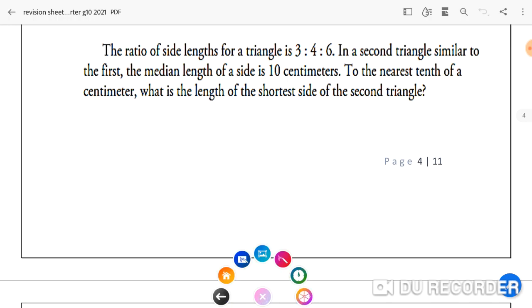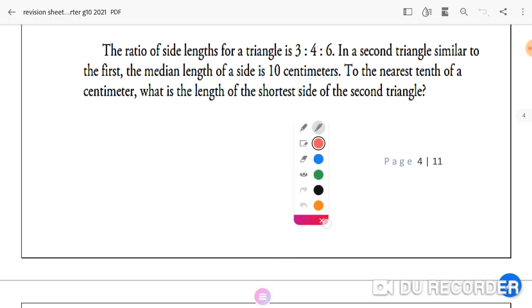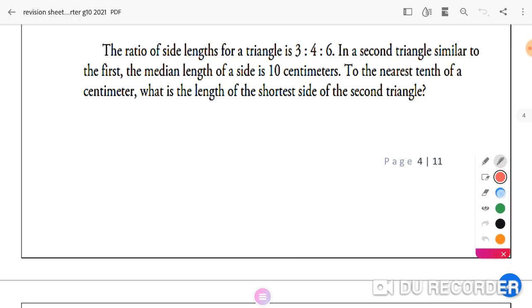Guys, here we're talking about two triangles. The first one, let me sketch it in blue. So this is the first triangle, okay, and we're not given the actual length of its sides, but actually we're given the ratio between these sides.